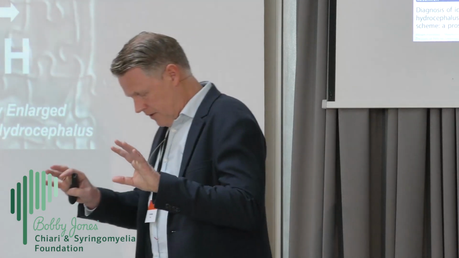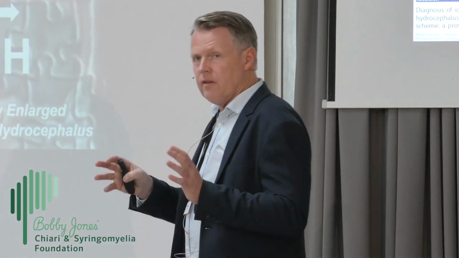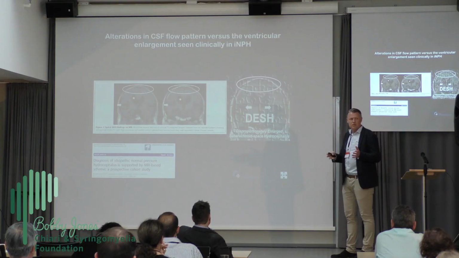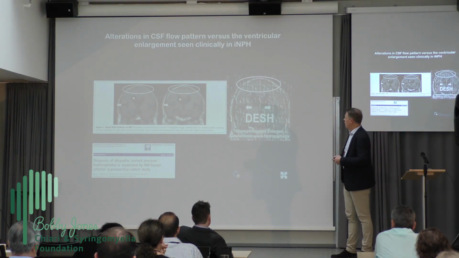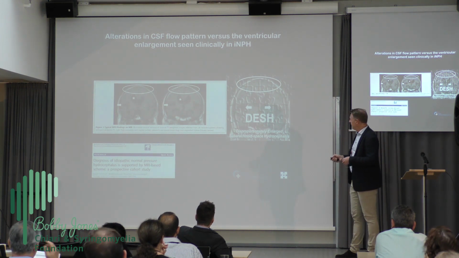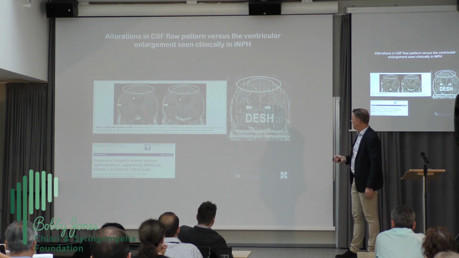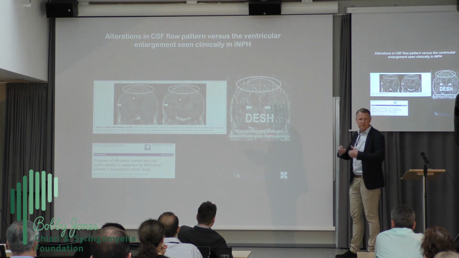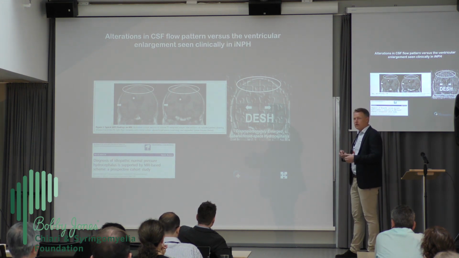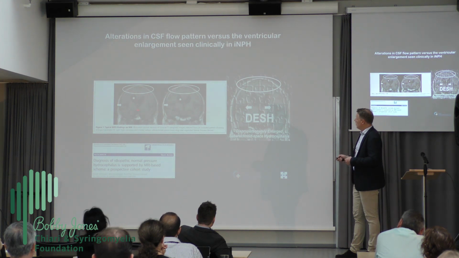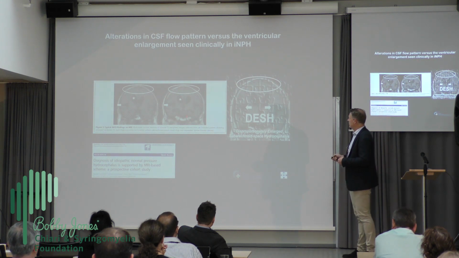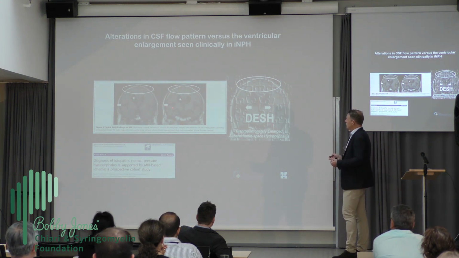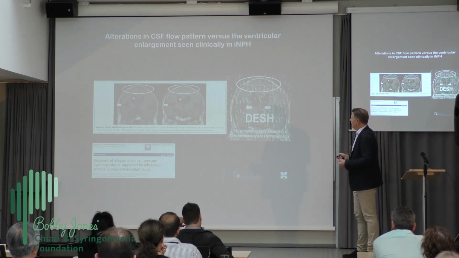So, looking at CSF flow in the various CSF spaces, what can this tell us about what we see clinically? In these patients, the ventricles and the CSF spaces are changed. One typical aspect in these patients is the disproportionate enlargement of the subarachnoid spaces.